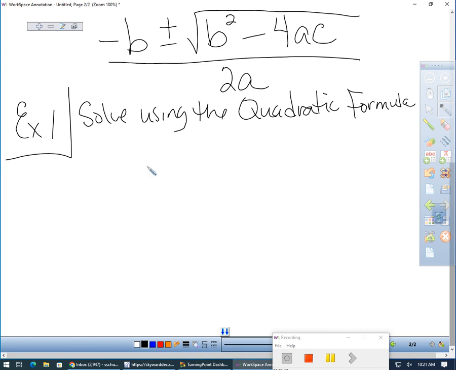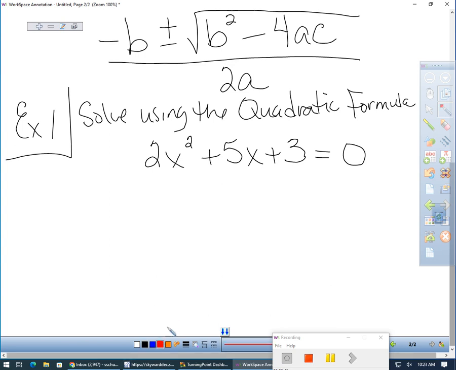And we'll start off super easy. Let's say I have 2x squared plus 5x plus 3 equals 0. So this is already set equal to 0.